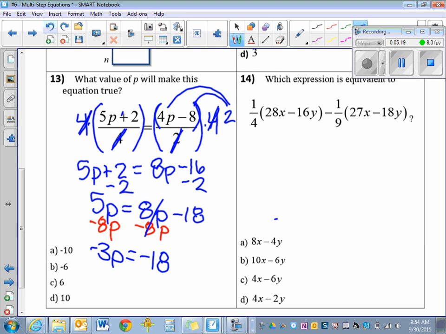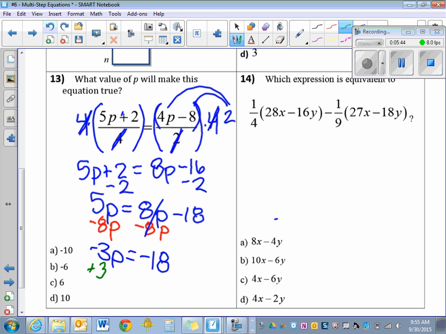Alright, now this was a common mistake we saw that I want to make sure we get clarified right now. I have negative 3 times p. We're multiplying. So if I want to eliminate my negative 3, what must I do? Divide. We saw on your mini quizzes, there were many of you that did this.